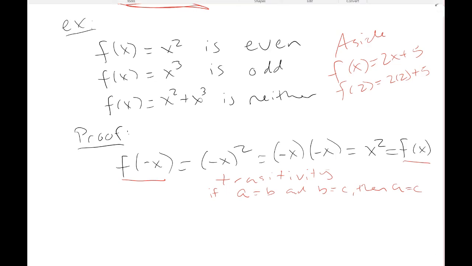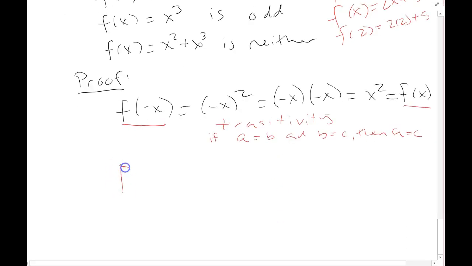Okay, so let's do the next one. So now let's show that f of x equals x cubed is odd. So again, just like before, if I do f of negative x, I need to substitute the negative x in for x.